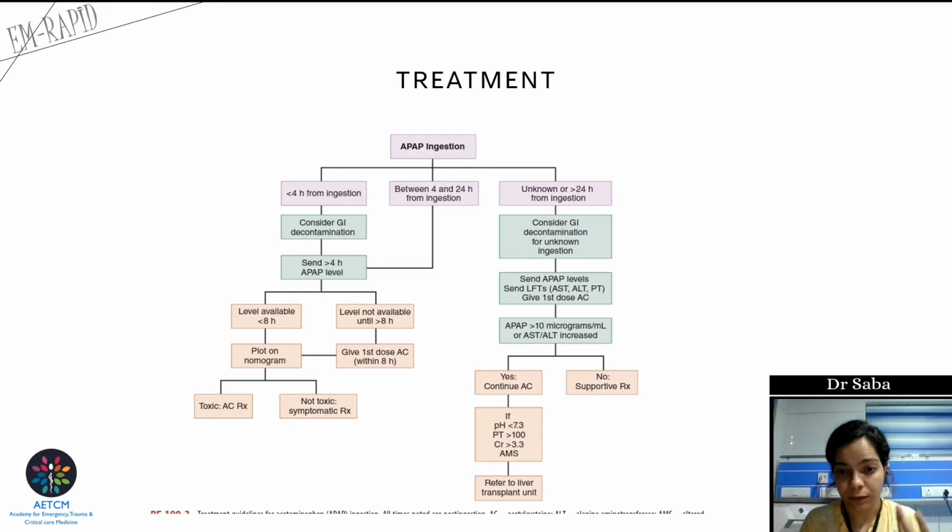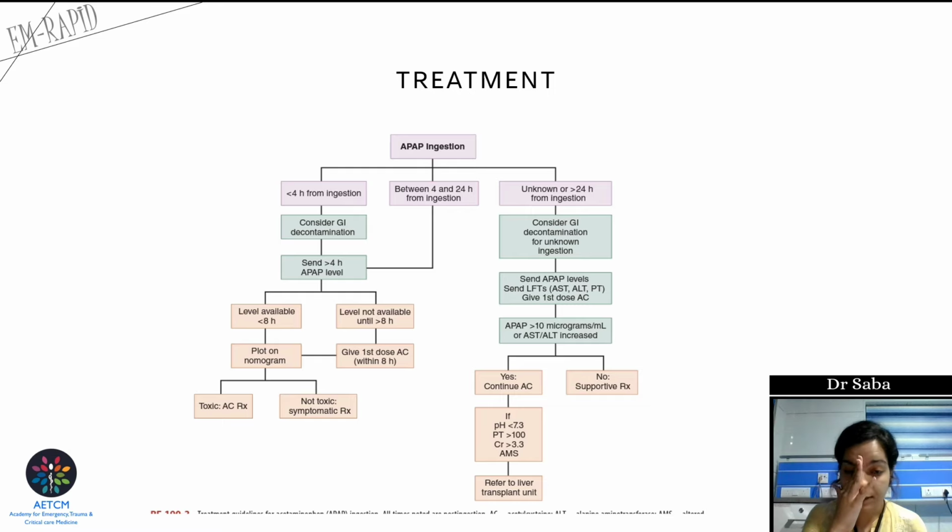We check for all lab investigations, and we also give the first dose of N-acetylcysteine. We basically do everything. We do GI decontamination. We also send labs to check the acetaminophen concentration in the body, and we also give the first dose of N-acetylcysteine.